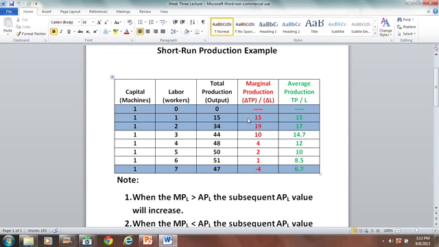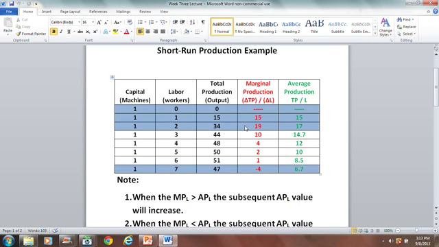For example, I have the first entry here for marginal product of 15. And what that is saying is that when we went from no workers to that first worker, so we added the first worker, that first worker caused production to change from 0 units, no production, to 15. So we can attribute the 15 units that were produced to that first worker. So that first worker contributes 15 units of production to the output.